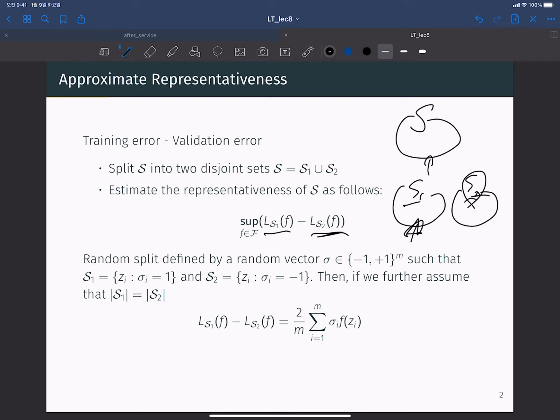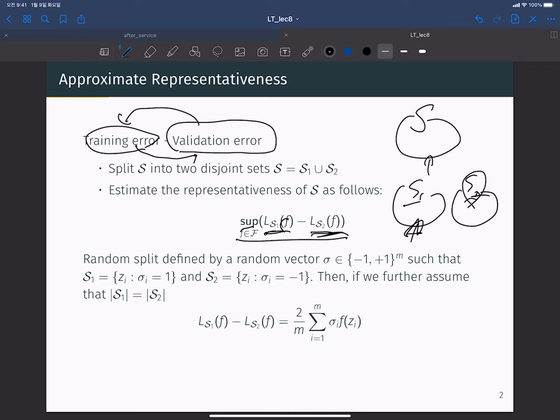So we want to find the supremum of L_S1(f) minus L_S2(f), which approximates the representativeness, that is, the test error minus the training error. Okay, so let's change the order.